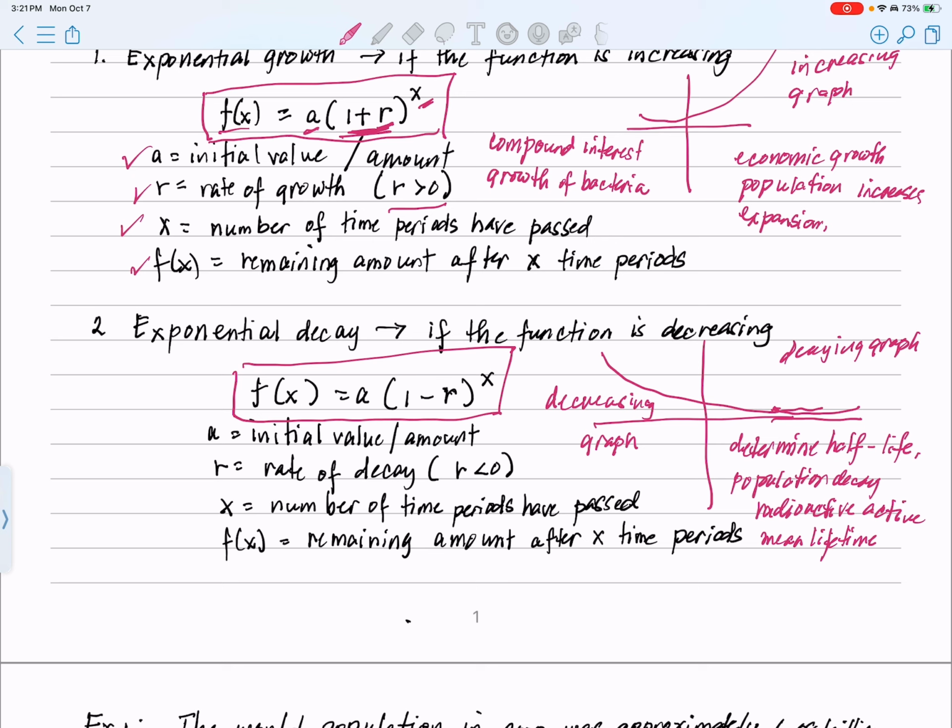While in exponential decay, we have a times 1 minus r, because the r here is less than 0. So a is the initial amount or value, r is the rate of decay, that is r is less than 0, and x is the number of time periods that have passed, and f of x is the remaining amount after x time periods.